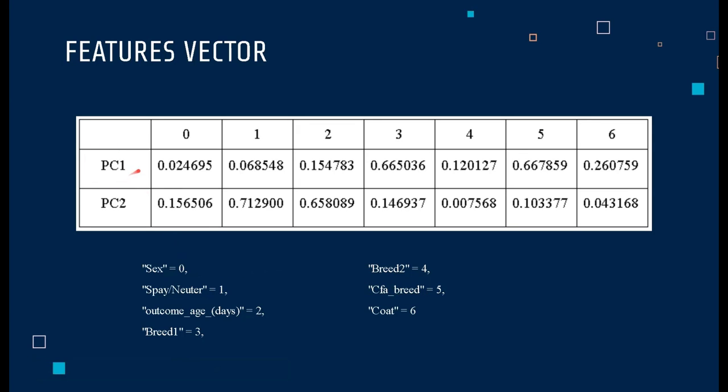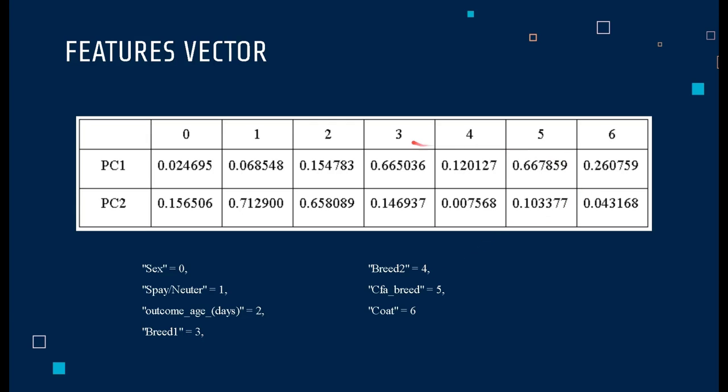So for PC1, we look at the highest value, which is 0.66, and also 0.66, which is for feature 3 and feature 5 here. Feature 3 is breed 1 and feature 5 is CFA breed.